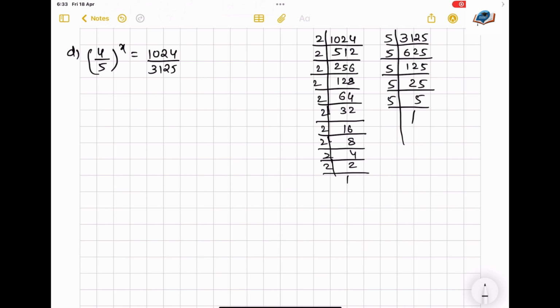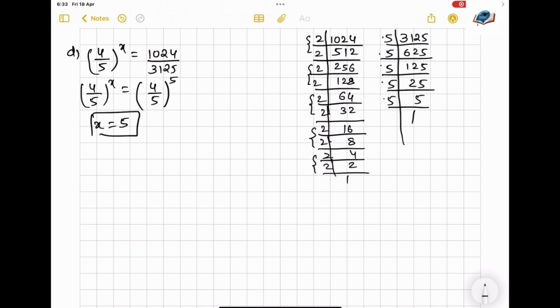So now if you see 4 upon 5 whole raised to x, I need 4 upon 5 only here. So 5s are 1, 2, 3, 4, 5. And if I make pair of 2s, so 4, 4, 4, 4 and 4, 1, 2, 3, 4, 5. So x equal to directly 5.